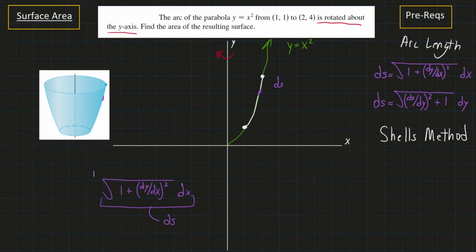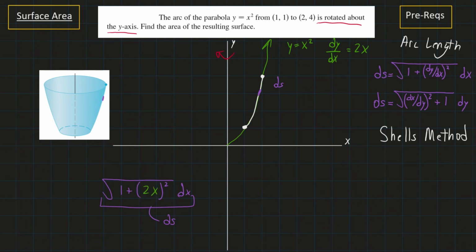So this is just ds right here, one of our tiny distances on our curve. Of course, I want to figure out the derivative of our curve equation, dy over dx. So dy over dx will equal 2x. Let me just throw that in here real quick.